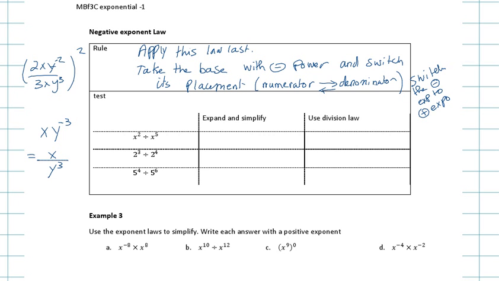Does it make sense? Which one has a negative exponent? Y. Because y has a negative exponent, I have to bring it down to the denominator. So it becomes x divided by y cubed.